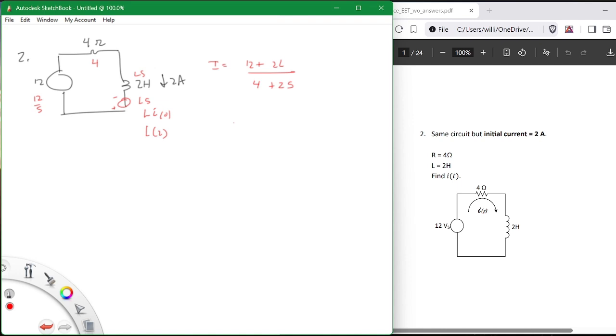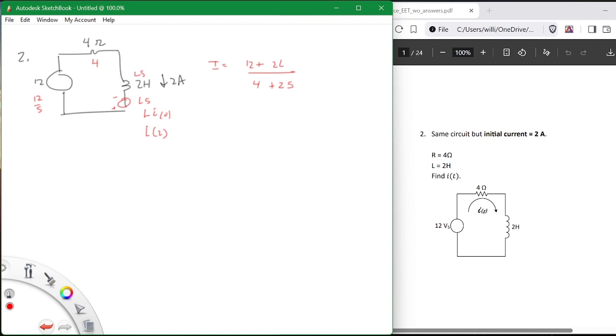Okay, is that right? Has everybody got that? Did anybody not get that? Is that what you got? Here's the voltage with a plus down, so the voltage is L times I at 0, or L times 2.